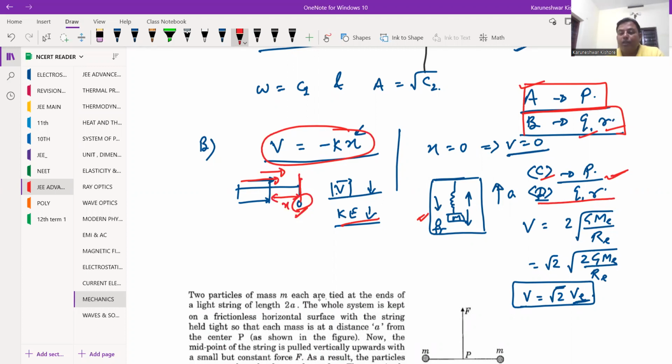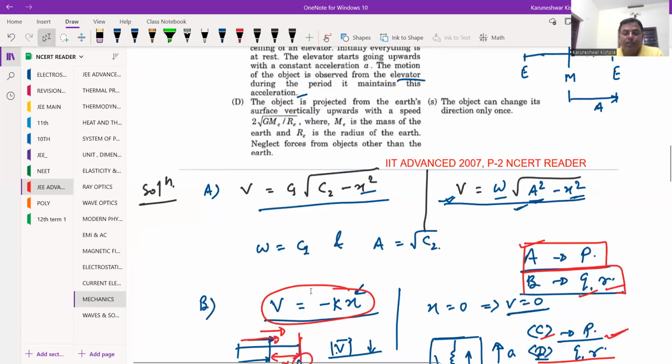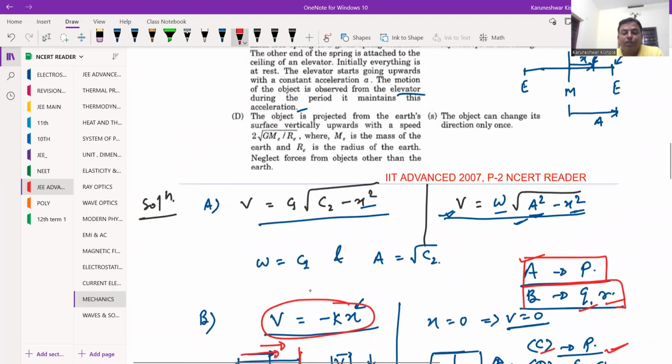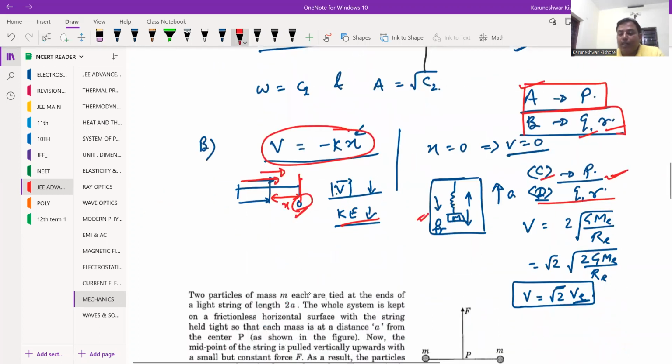And for option D, we had the speed relation of an object projected from the surface of Earth. On that basis, we get the idea that this velocity is root 2 times the escape velocity.